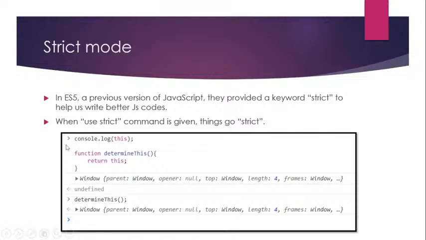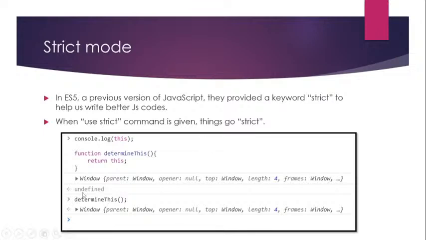If we are to disable this mistake that we are unknowingly doing, for this in ES5, a previous version of JavaScript, they provided a keyword strict to help us write better JavaScript code. With this, we are eradicating this mistake that we used to do.